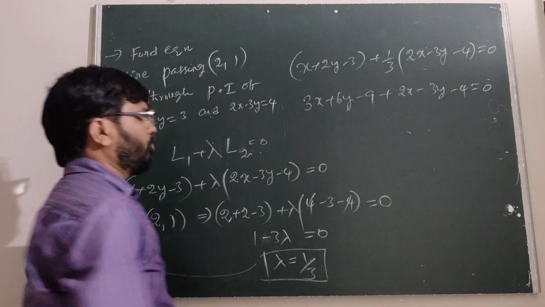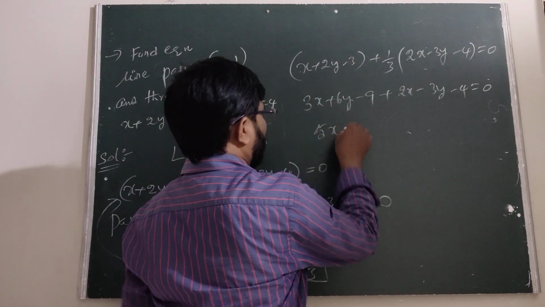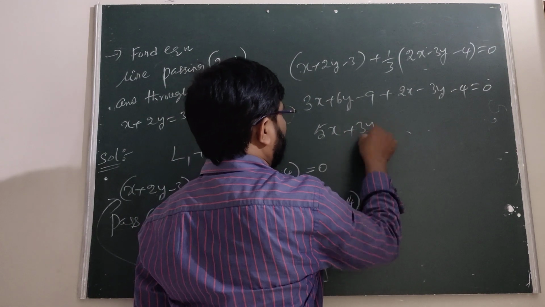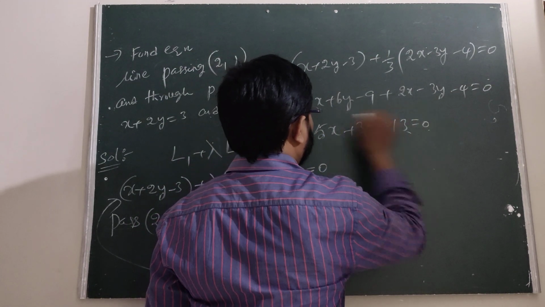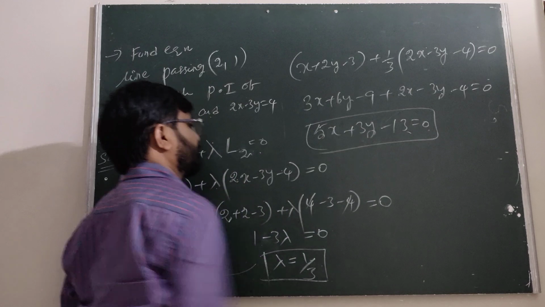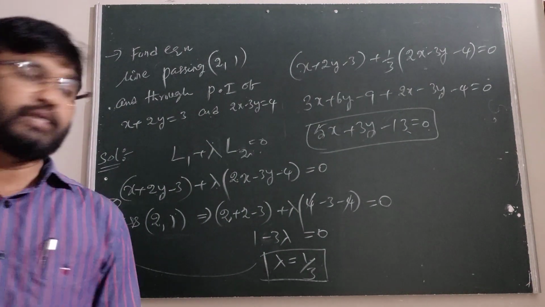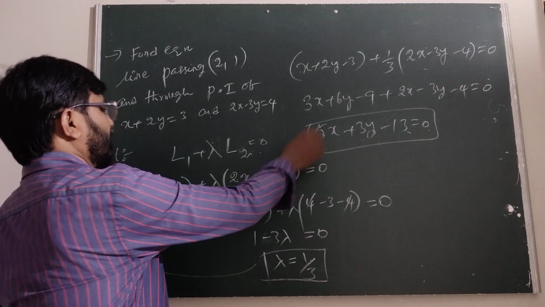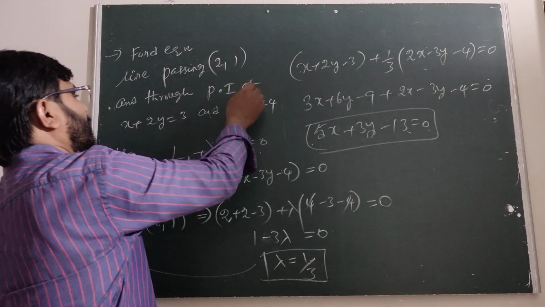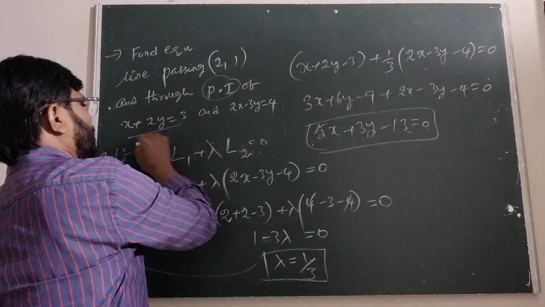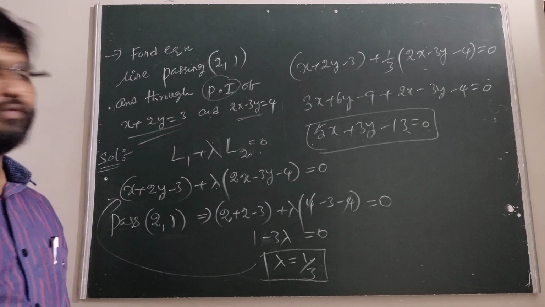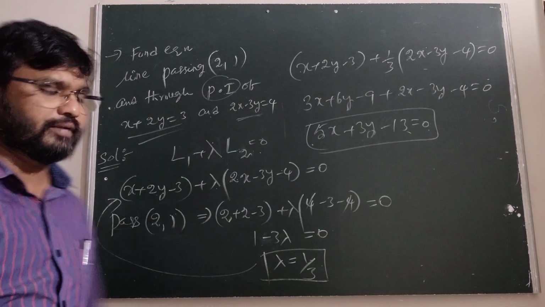Now this is 5x plus 3y minus 13 equal to 0. Okay. 5x plus 3y minus 13 equal to 0 is the line which is passing through (2, 1) and also passing through the point of intersection of the given two lines. Is it clear?